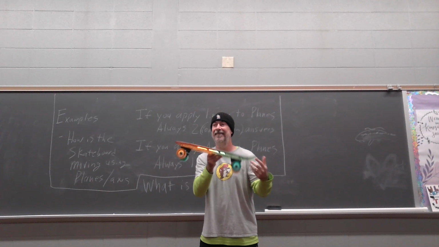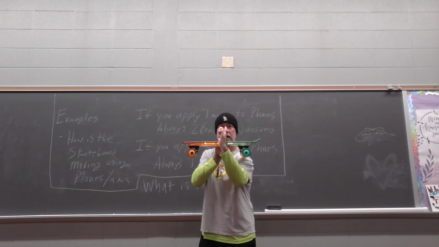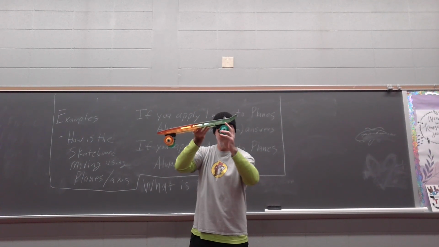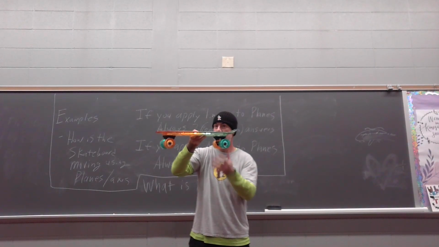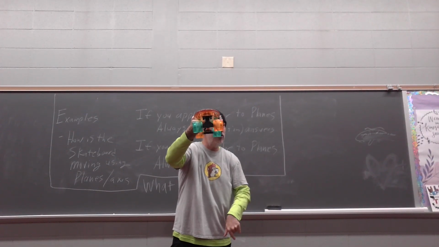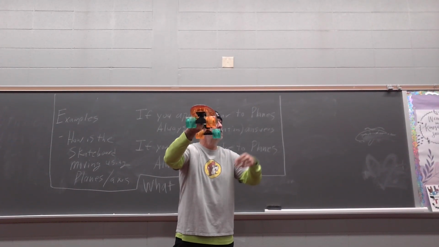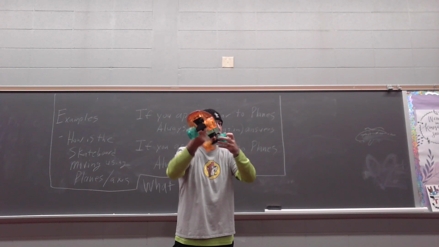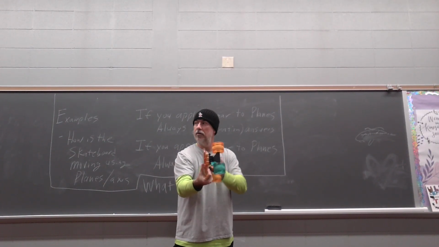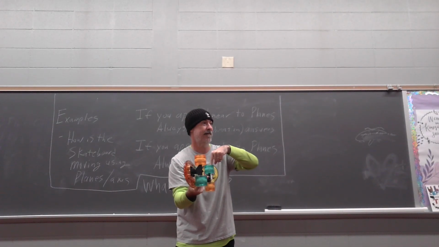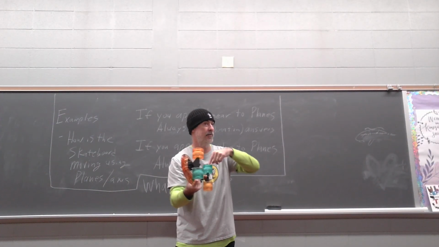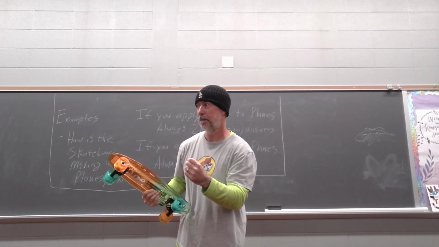Frontal plane, about an anterior posterior axis. How are the tires spinning? Frontal plane, about an anterior posterior axis. How are the tires spinning now? Sagittal plane, about a bilateral axis. How about the tires spinning now? The wheels, transverse plane, about a polar axis. Does that make sense?